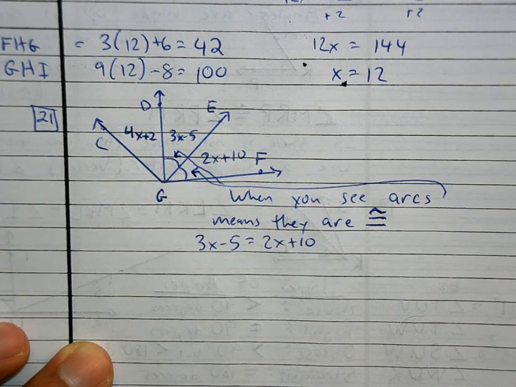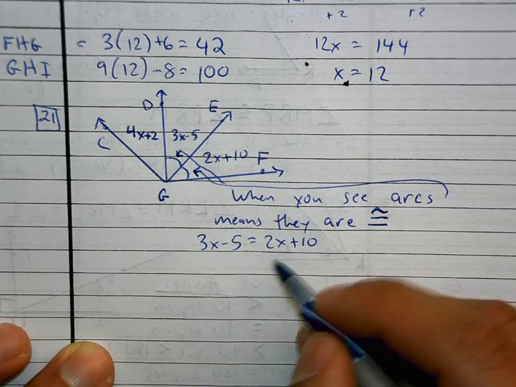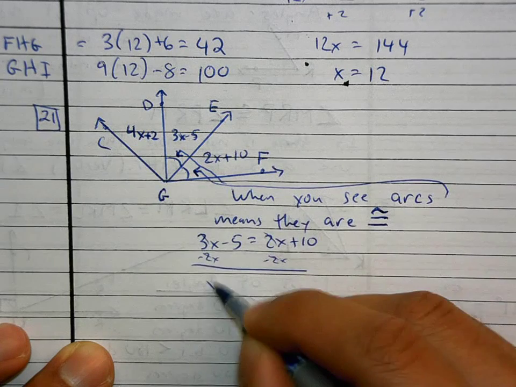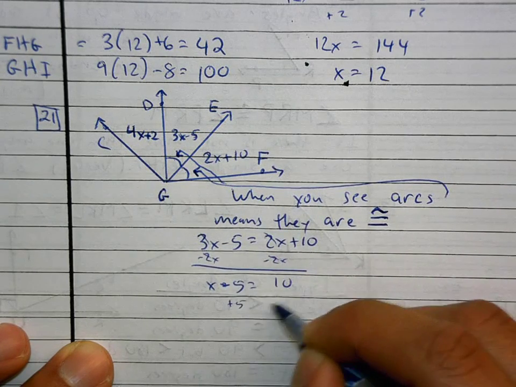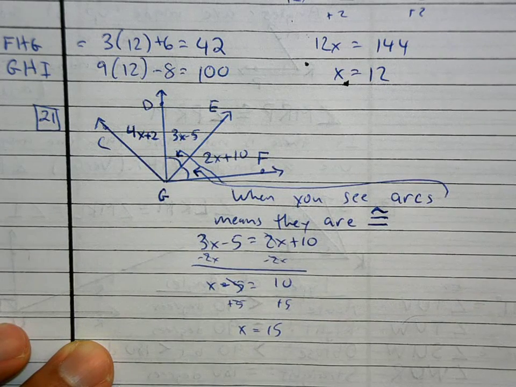So when you're attacking 21, that's the first thing that should jump out at you. And you're using that same picture for 21, 22, and 23. So now that you know that, I can subtract 2x and get x minus 5 equals 10, and you can add 5, and you can get that x is 15.